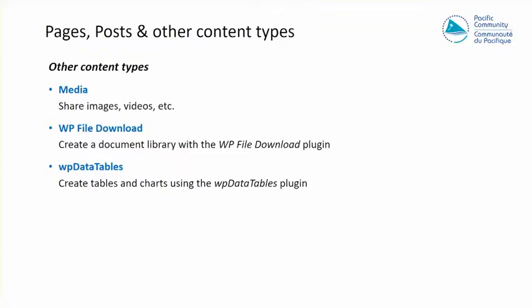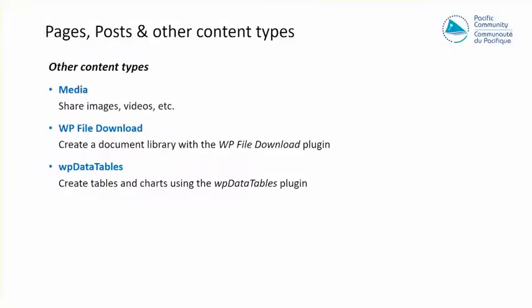So we talked about posts, pages, and there are also other content types, which are media. That's where you put all your images, videos, and so on. We installed 2 plugins that you may or may not use, but actually the WP file download, which helps us to create a document library, is one of the most used plugins, and it's great to share your files and reports in PDFs, Excel, or whatever you want.